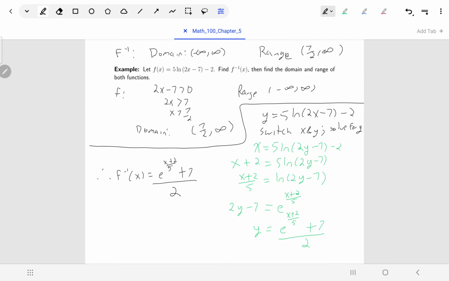And there we go. We found our inverse function, which, as expected, was an exponential function. If we thought about it in terms of transformations, one of the things done was a vertical shift upwards by 7/2, which is why our range is things that are larger than 7/2 rather than things that are larger than 0.